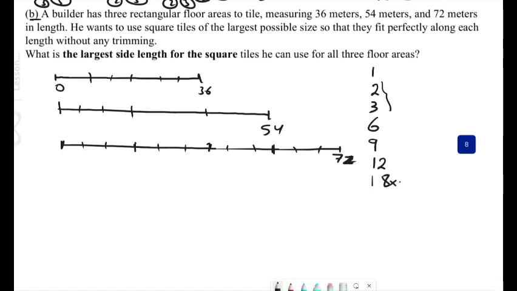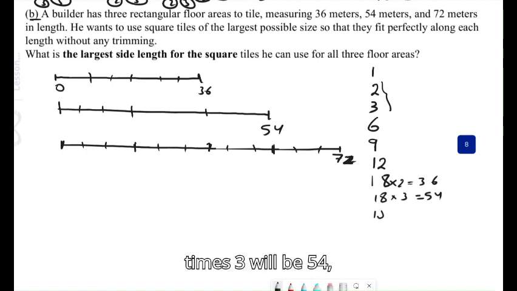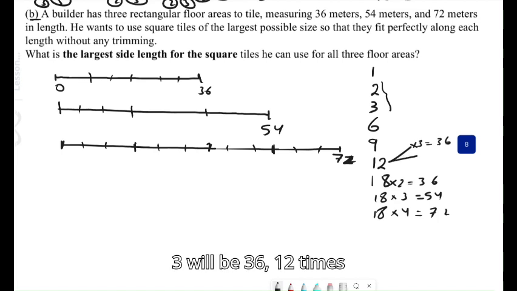18 times 2 will be 36. 18 times 3 will be 54. 18 times 4 will be 72. 12 times 3 will be 36. 12 times, sorry, 12 will not work.